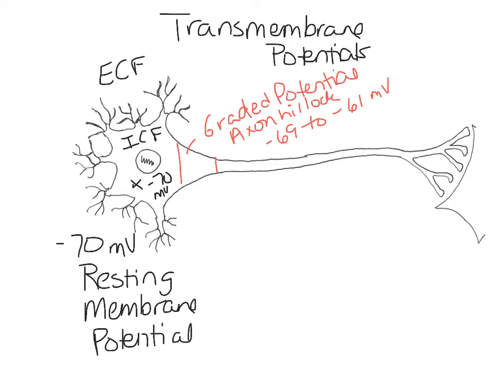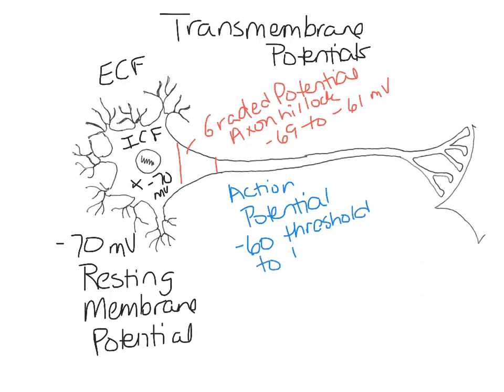And if the potential gets even higher than that, if it gets even more positive than that, and it hits a negative 60, then we will have an action potential. The action potential starts at negative 60, which we call threshold, and it goes all the way up to a positive 30 millivolts.